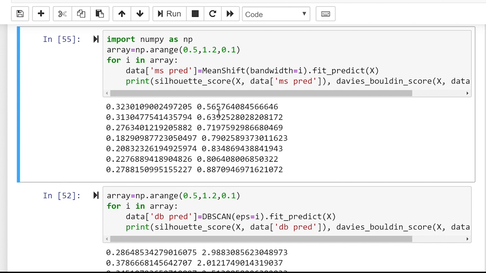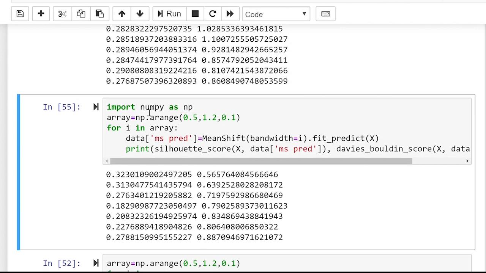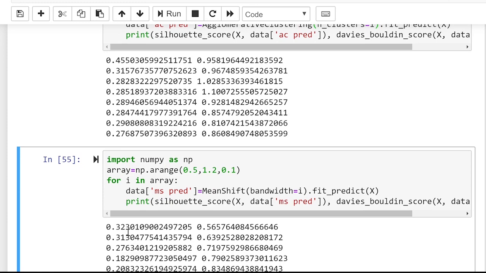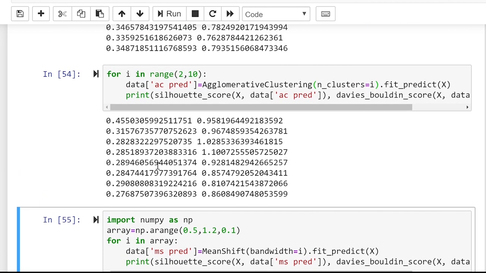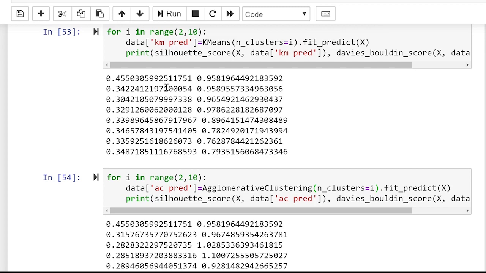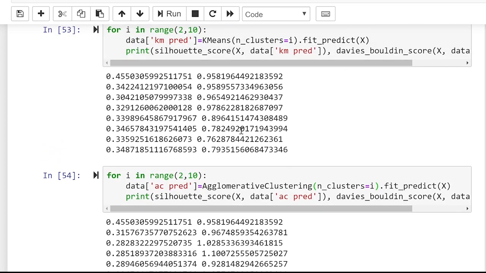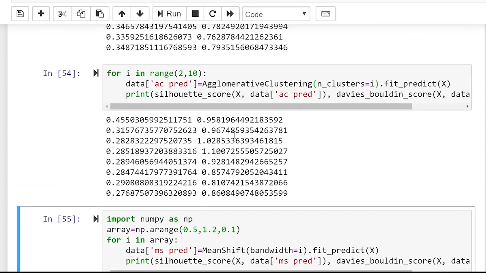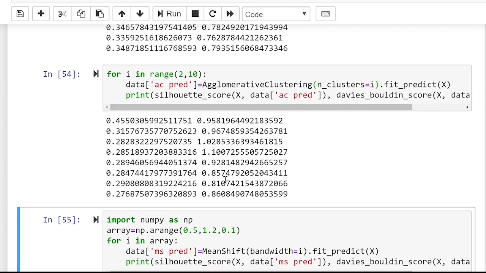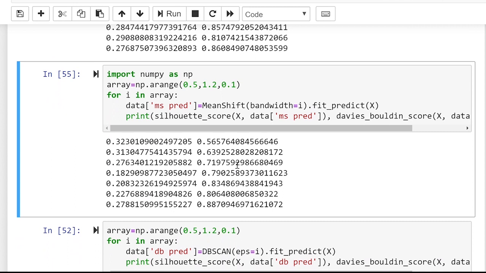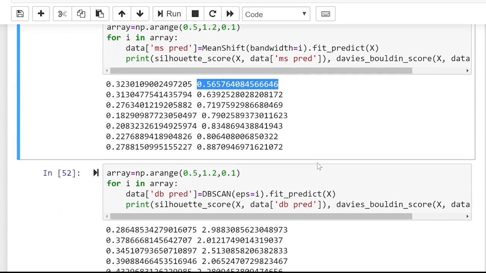But if we compare the previous one, k-means had the better silhouette score, 45, and the Davies-Bouldin score is 76. But if we compare those methodologies based on Davies-Bouldin score, mean shift has a better one.